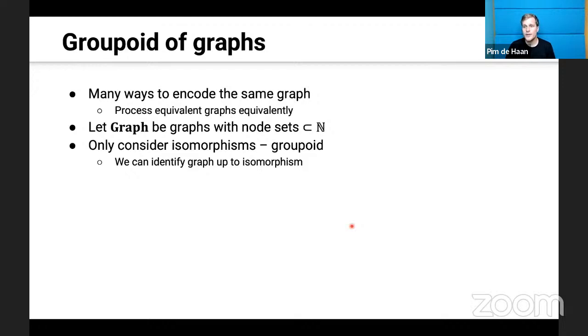So we want to build the ambiguity that is given by all the isomorphisms into the network. We generally don't want to also build in a naturality relation for all the non-isomorphic graph morphisms.